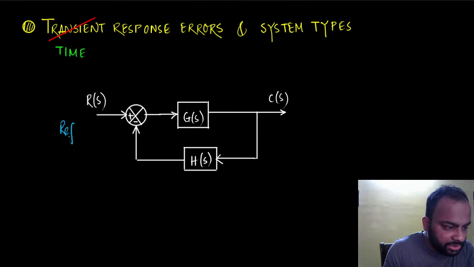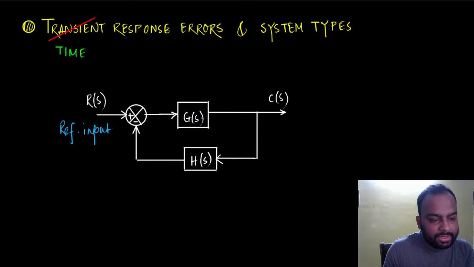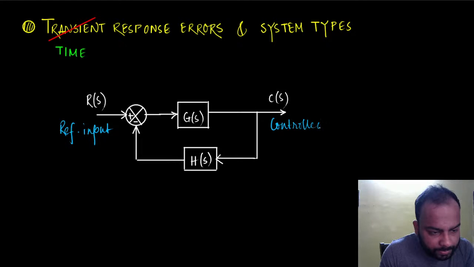So this is called the reference input signal. In fact, this signal is given in its Laplace transform form. Essentially, you can consider everything in time domain as well. And this is the output signal, okay? Also, instead of saying output, I'm going to say this is the controlled output, or controlled variable rather.